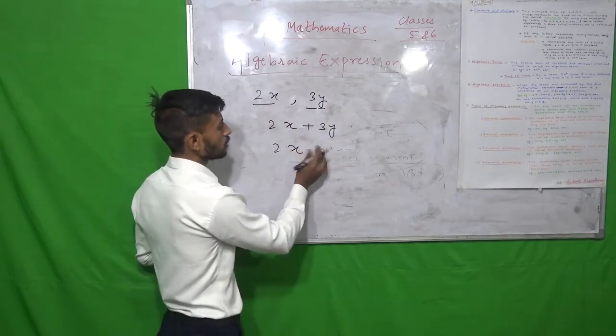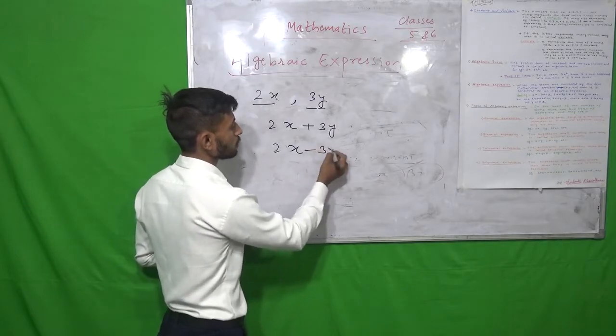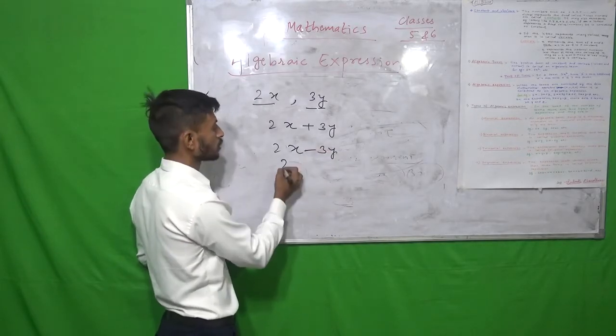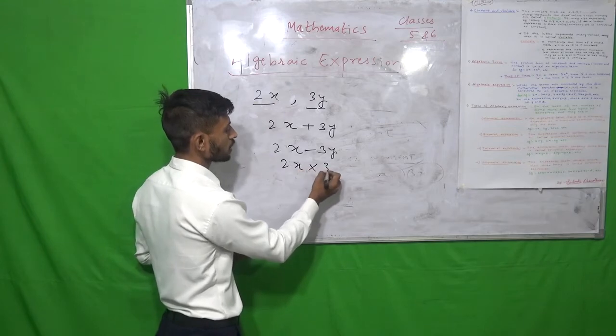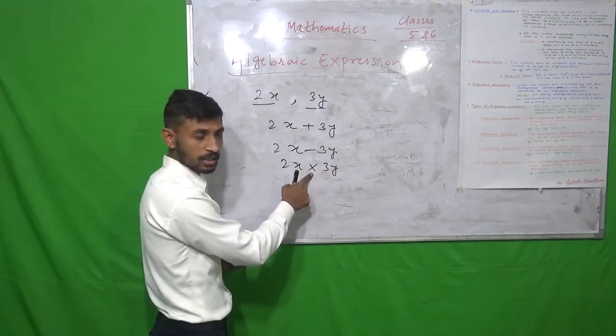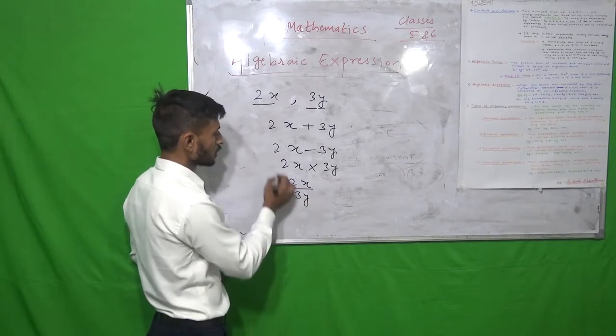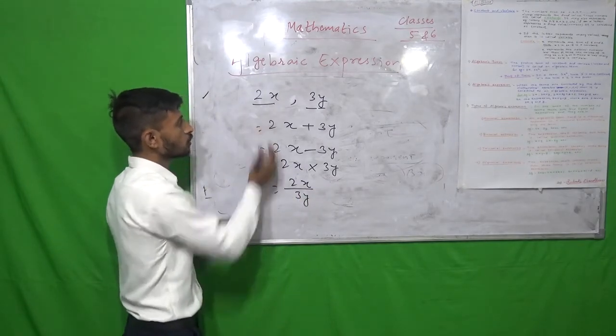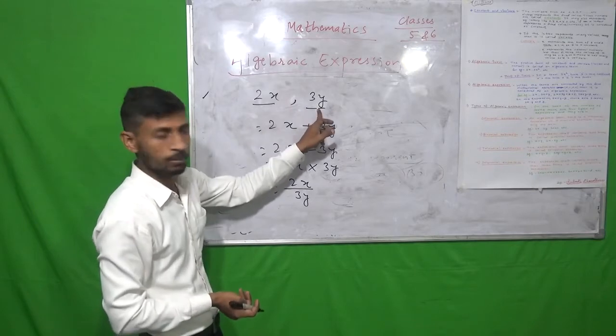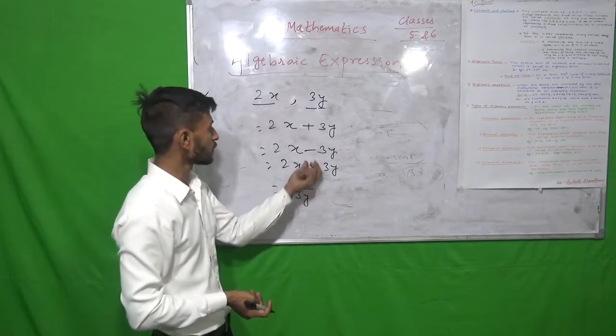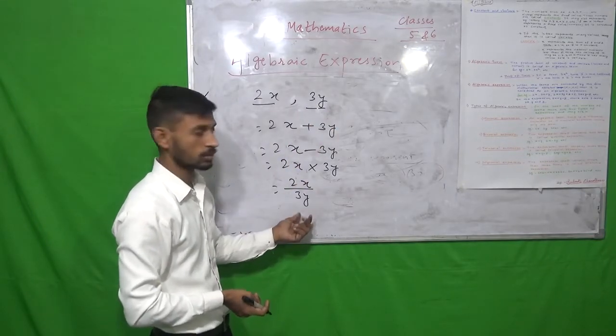Sometimes we can combine them by minus, or sometimes by product, by multiplication sign, sometimes by division sign. So here we have combined them by plus, minus, multiply or divide.